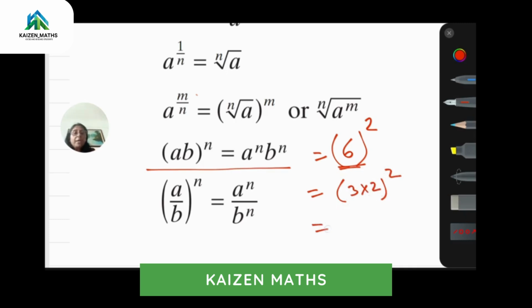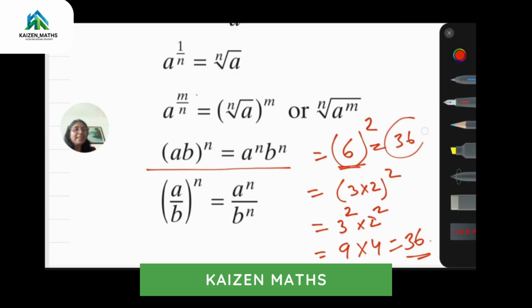So now we can write this as 3 raised to the power 2 multiplied by 2 raised to the power 2. 3 raised to the power 2 means 9, right? And 2 raised to the power 2 is 4. 9 times 4, that is 36, right? And here also if you see, 6 into 6 is 36. So isn't it equal to this 36, right?